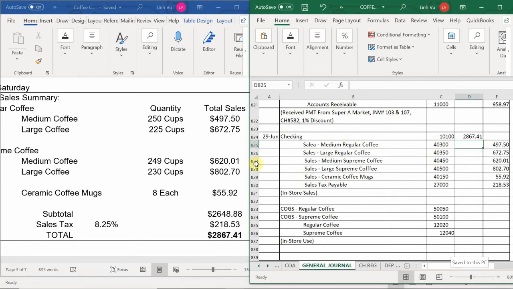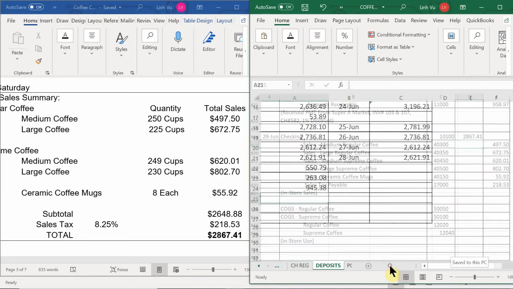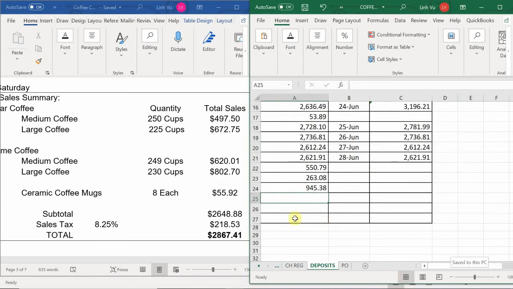Okay. Is everyone okay to move on to the ledger or to the deposits? I'm going to go ahead and do the deposits first just so that we don't forget. So we're going to deposit $2,867.41 into the bank. Today is 6/29.